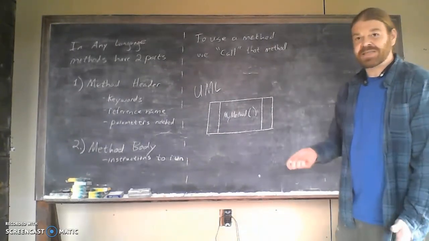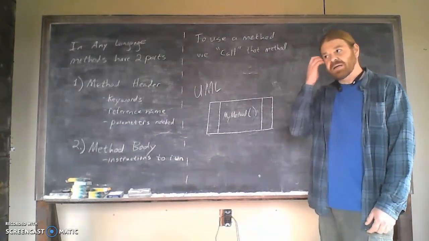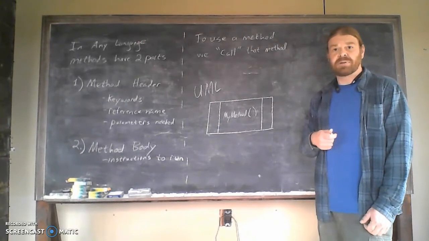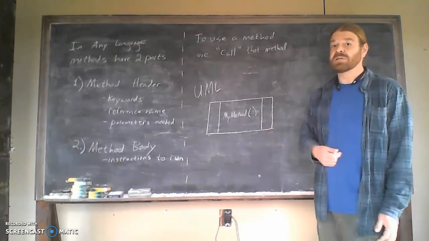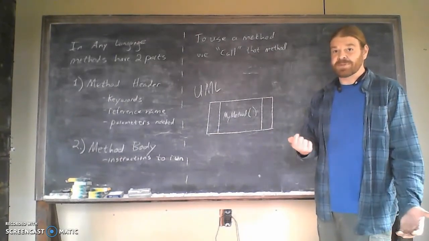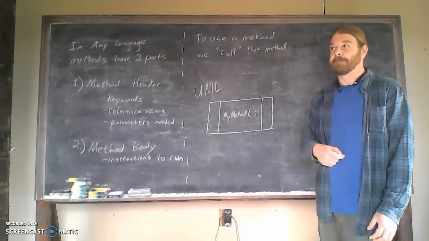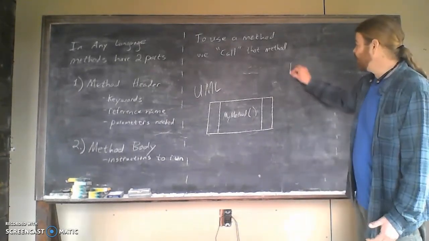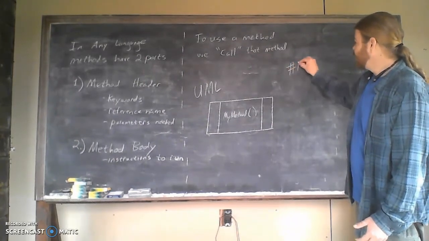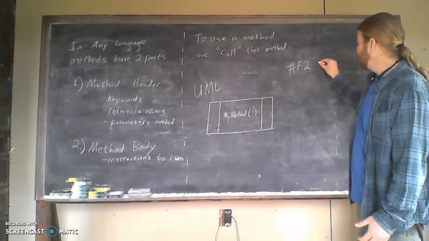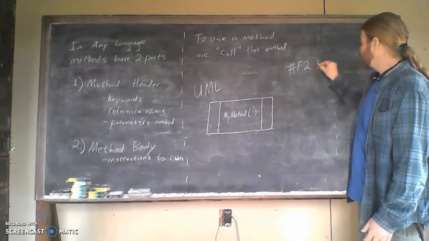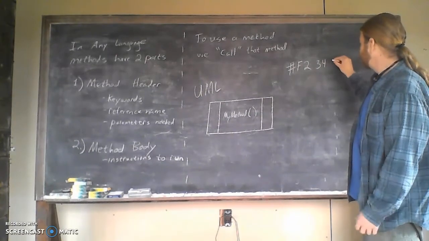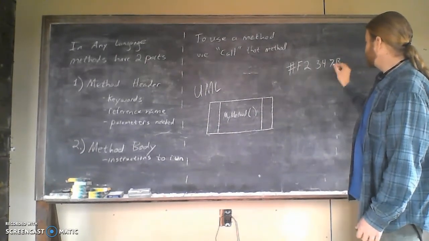That's fairly standard across languages. There are still some old ones that have persisted. Hexadecimal colors. A lot of you may have seen that before, right? F2, 3, 4, 7B.